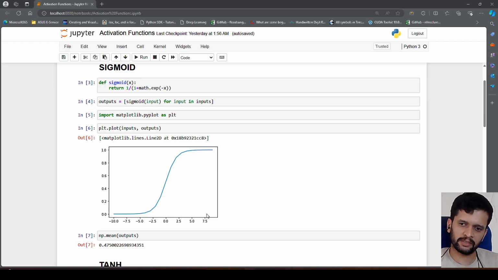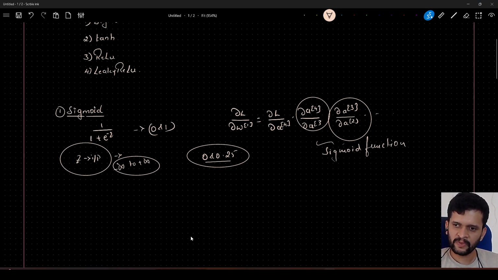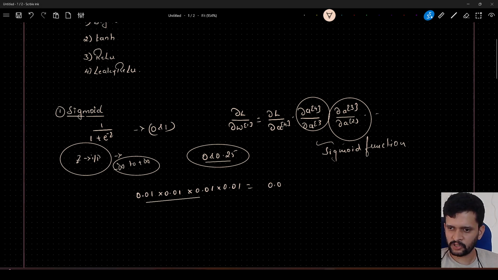And at some point it will be 0 only. So what I'm trying to say, since we have small gradients with respect to sigmoid, and if we have deep neural networks, we will end up multiplying small values multiple times, right? So the end result will be much smaller, right?